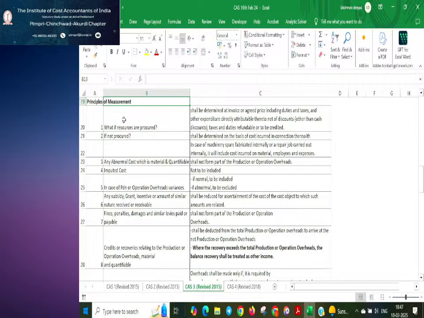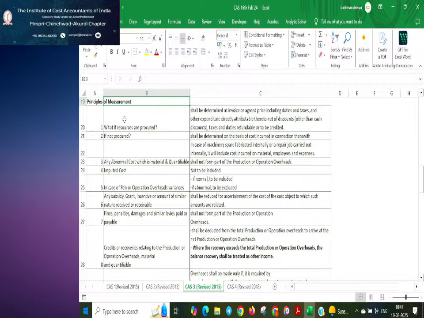Under principles of measurement, if you are going to take something as production overhead, and those resources are procured from outside, then how will you determine the cost? Whenever there is a procurement happening, let it be material or any kind of resource procured from outside, it is always the invoice or the agreed price, which includes duties and taxes and other expenditure directly attributable to it.